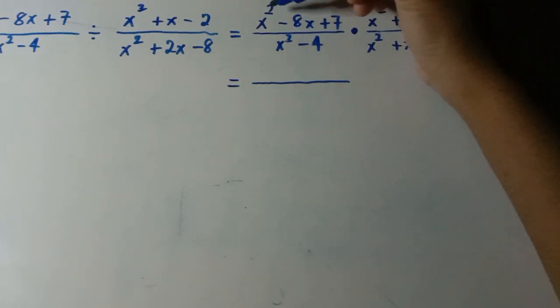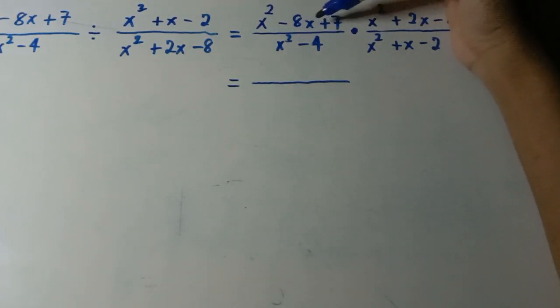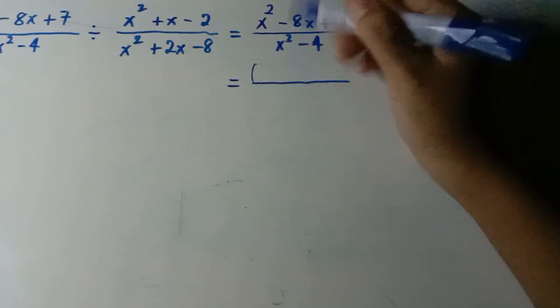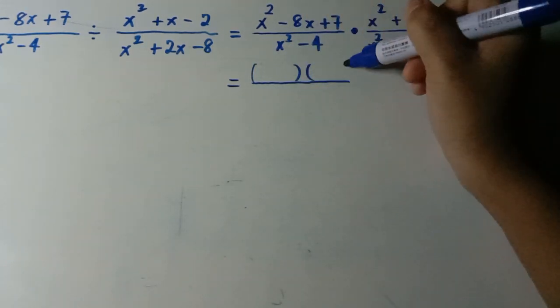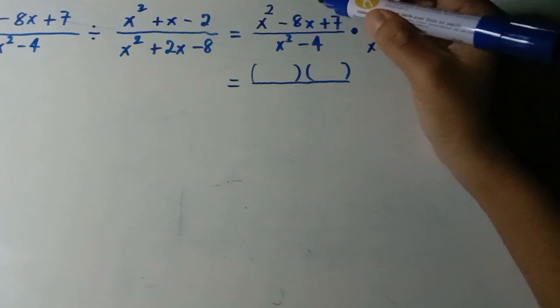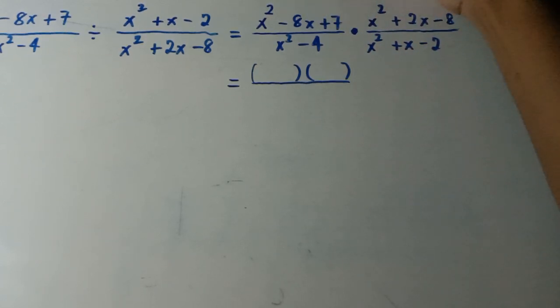Okay, so unahon sa nato ni x squared minus 8x plus 7. So sa may factors na to ani nilang ani nga trinomial. So as you can see, x squared is a perfect square, so therefore we can get its square root. Square root of x squared, that is x.